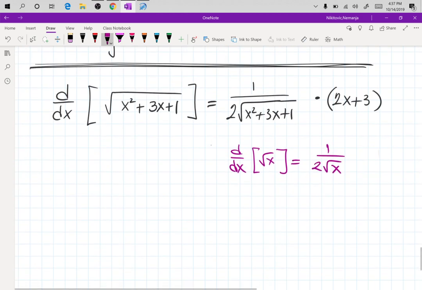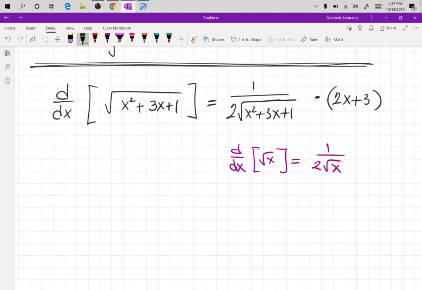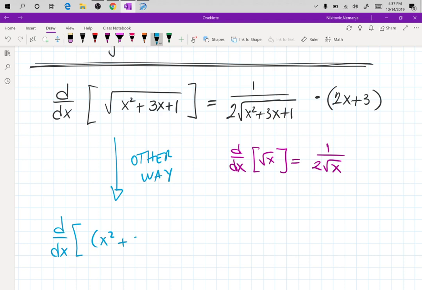Now, let's go the other way. You can rewrite the function as x squared plus 3x plus 1 to the 1/2.